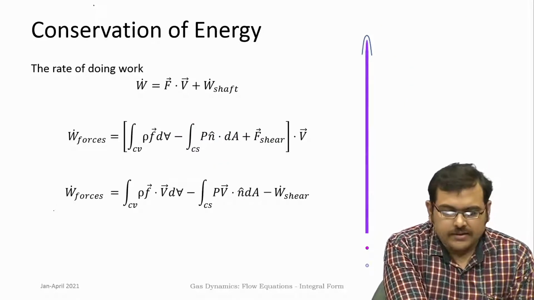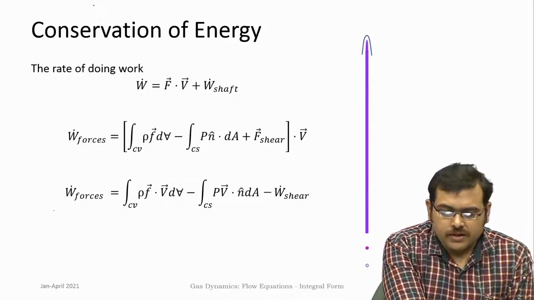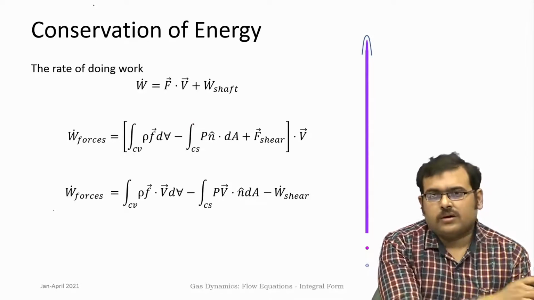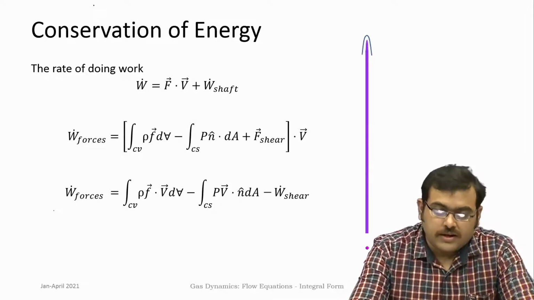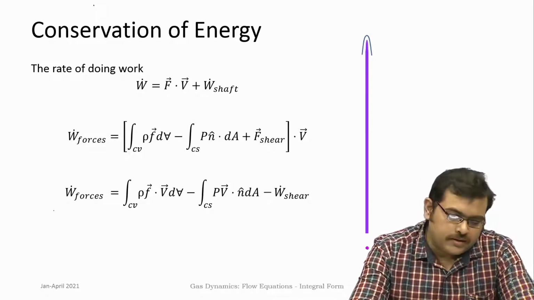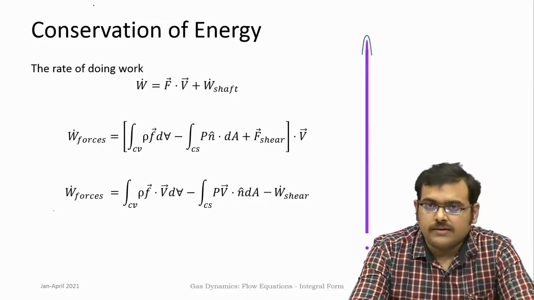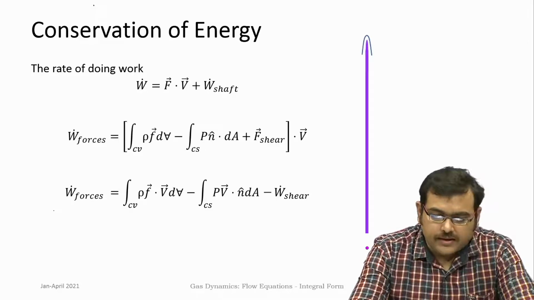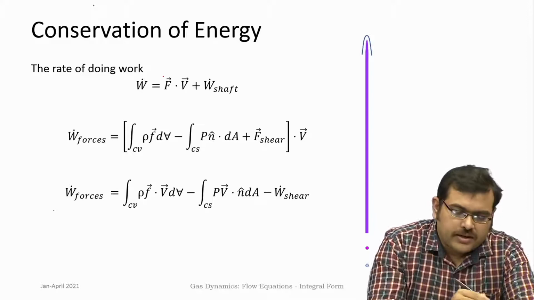Okay. The rate of doing work has to be considered carefully. In the momentum equation we saw that various forces act on the control volume and the control surfaces. So, if there are forces and there is motion, then there is work being carried out, and we can calculate the rate of doing work.